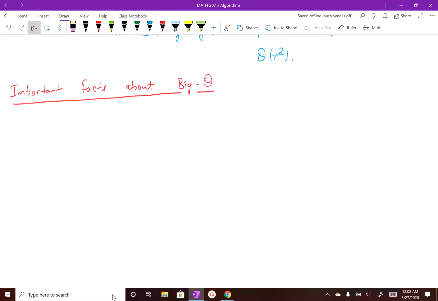So there are two important facts you should know about big theta notation.